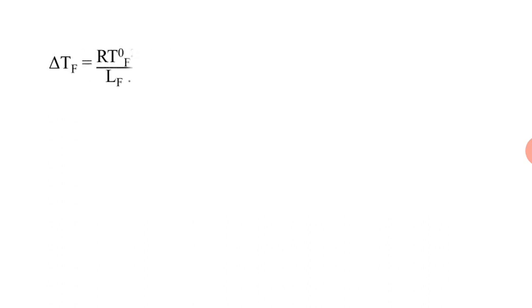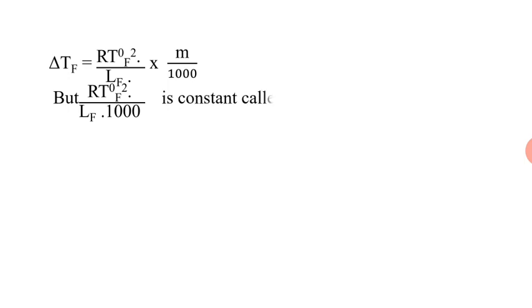Now we have our equation: delta TF is equal to R T0F square into m divided by LF into 1000. This is our depression in freezing point equation. Here R T0F square upon LF into 1000 is a constant and is called Kf.